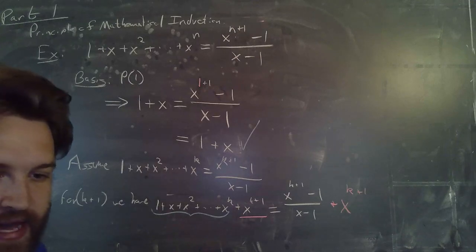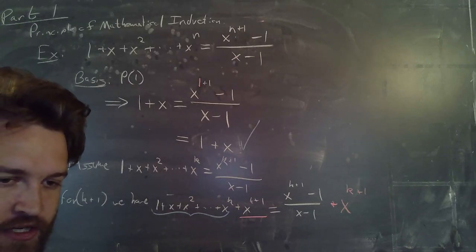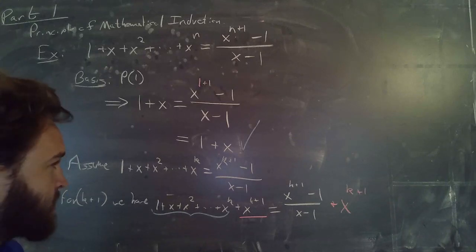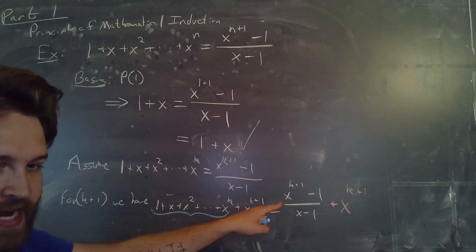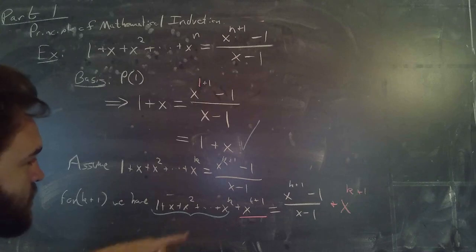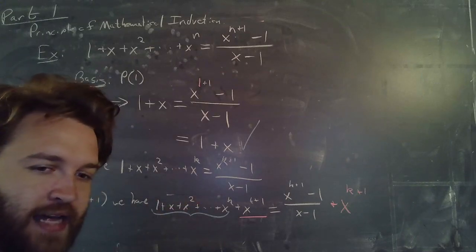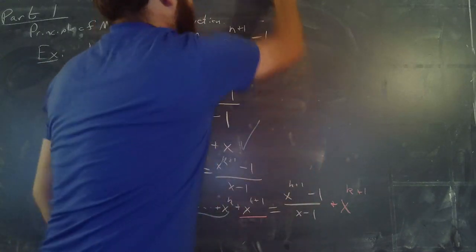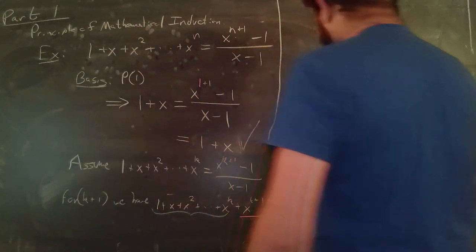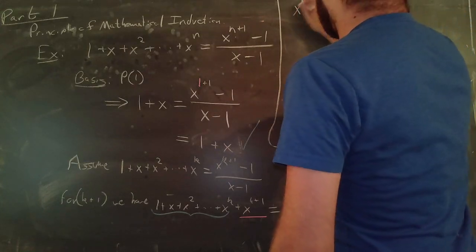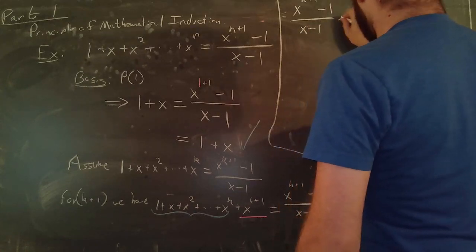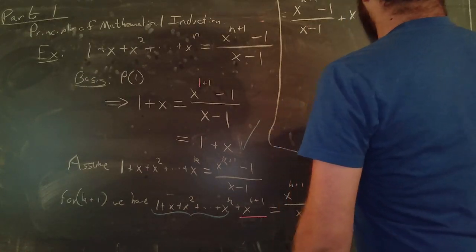Now here we have a common denominator situation where we are going to have to combine some like terms here. And so I'm going to just work with this right-hand side because we need to show that we will get something that looks in the same form as our original statement. Okay, so I'm going to come over here, and we have x to the power k plus 1 minus 1 over x minus 1 plus x to the power k plus 1.